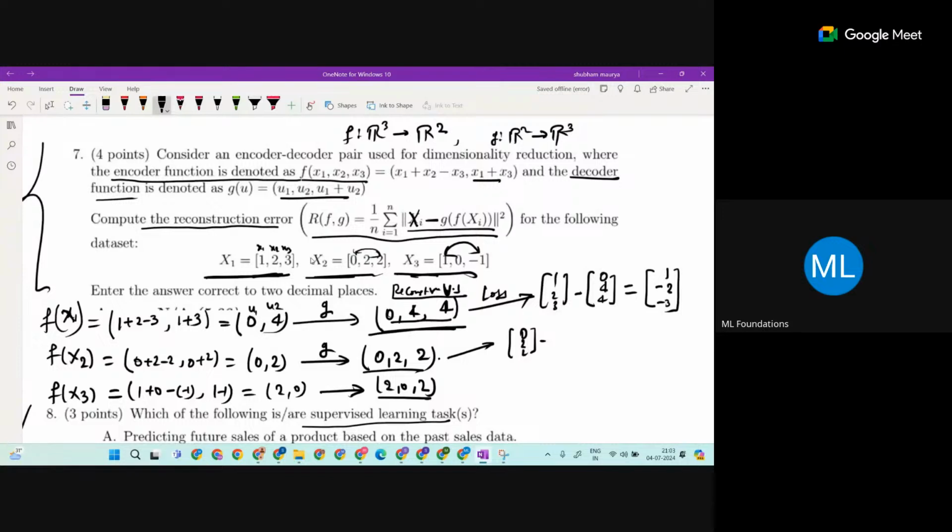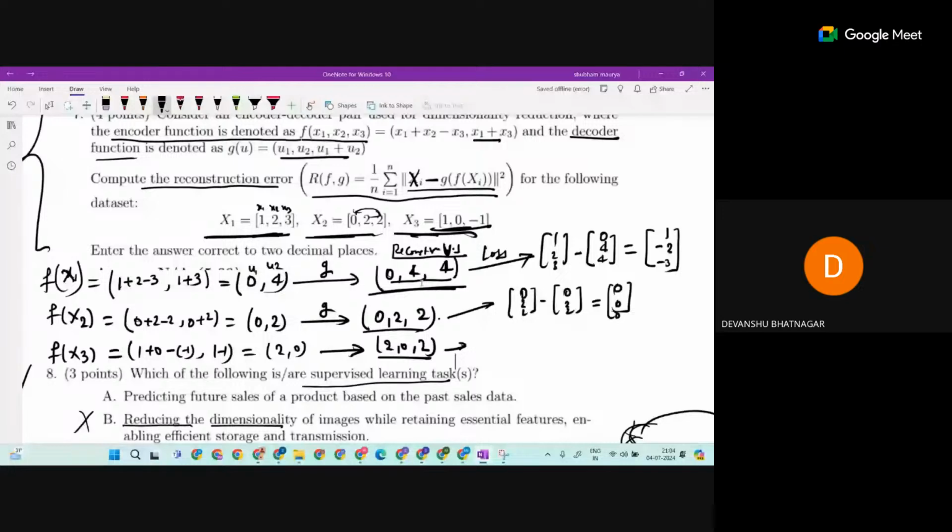And reconstructed is the same, 0, 2, 2. So for the first vector, the third element is minus 1, 3 minus 4 is minus 1.